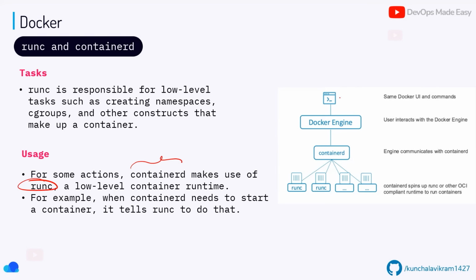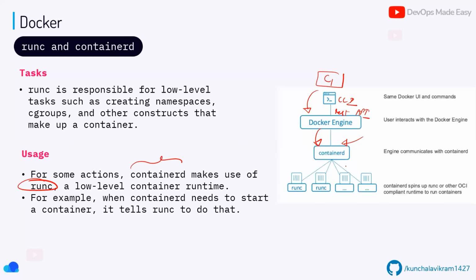So if you take this as the Docker CLI, I just run a command to create a container C1, and that goes to the engine. This client tool uses the REST APIs of the Docker Engine, and Docker talks to containerd for creating the container. Now containerd checks whether that particular container image is there or not, otherwise it will pull it.